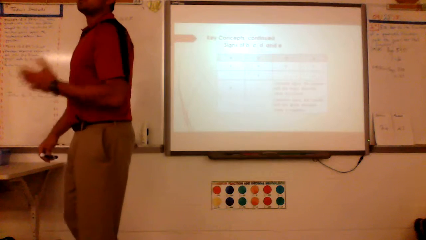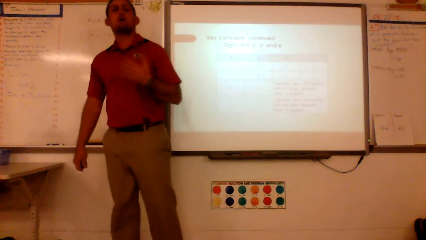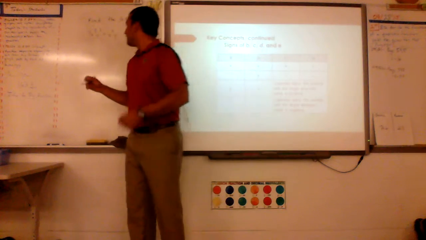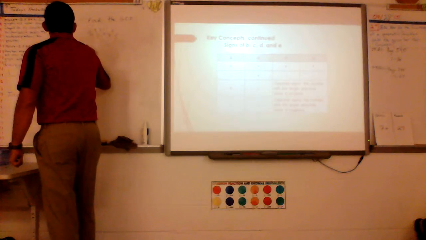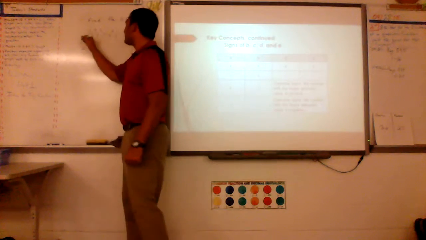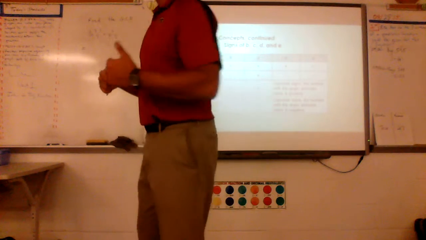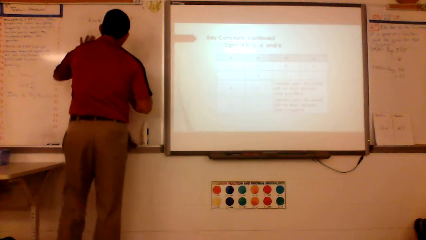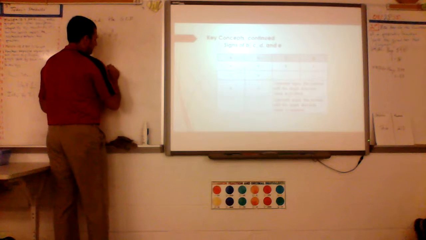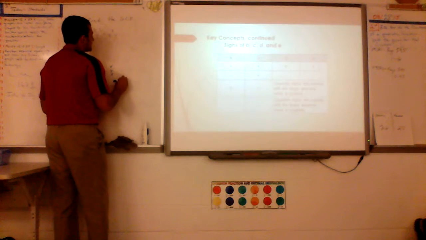Okay, I want to look at the x's and the y's because it's what I'm going to take out. What do my x's share? Now, when it comes to greatest common factor, here's one way we can do it. How many x's are in the first term? 3, right? How many x's are in the second one? 2.